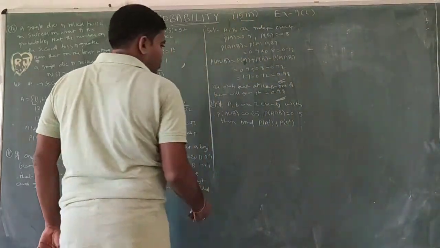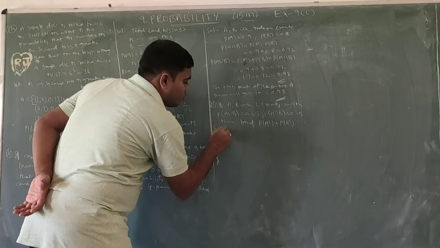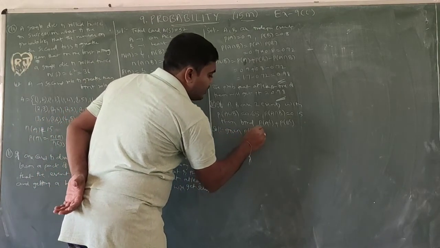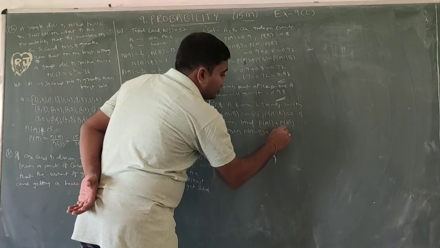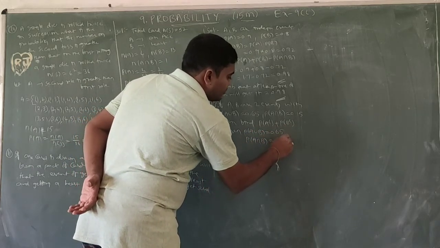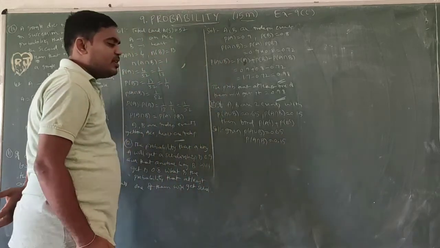Okay, now solution. Given P of A union B equal to 0.65, P of A intersection B equal to 0.15. This information is given.